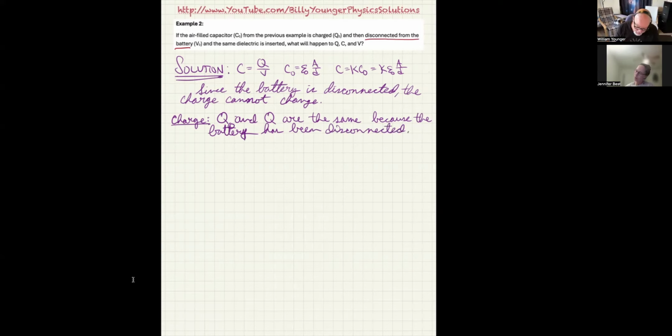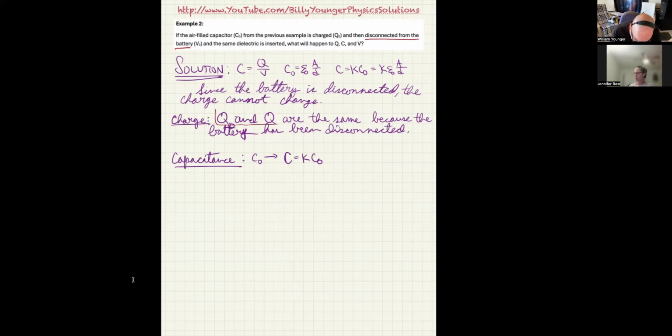Okay. Now we want to try the capacitance. Well, the capacitance, that's going to go from C0 to C is equal to K times C0. That we know is going to have to happen.